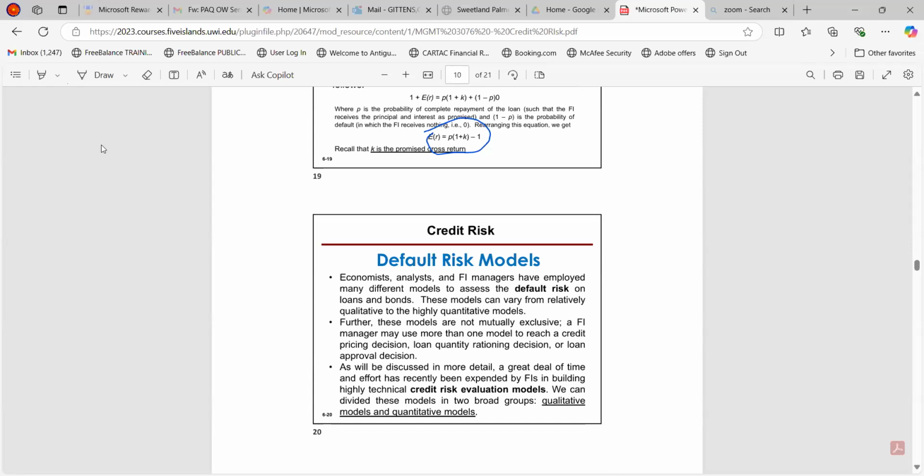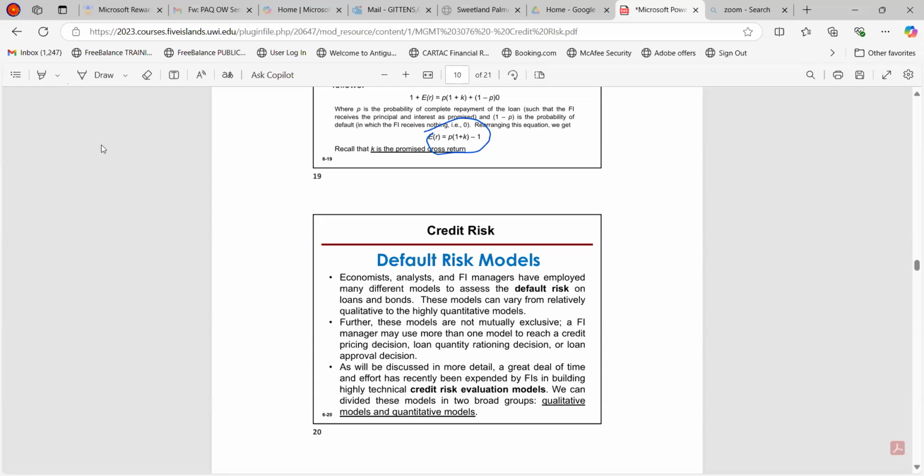Now, in determining credit risk, there are some models that are used by financial institutions. They're called default risk models, and they are used for loans and for bonds. There are different types. They can be qualitative, and they can be quantitative models as well.